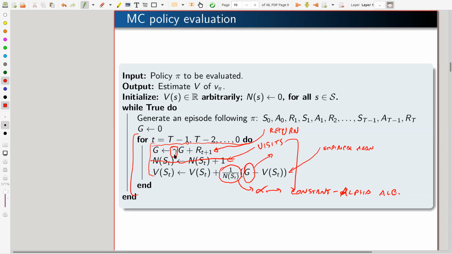Sorry, I have a couple of questions. Go. The first is, with this code, are we calculating the value of v for all the states at the same time? This is an every visit algorithm. Yes, you see at the beginning I say generate an episode. This gives you every S0, S1, S2, and so on, and these are these ST. So we are calculating the value of v for all the states contained in the episode.